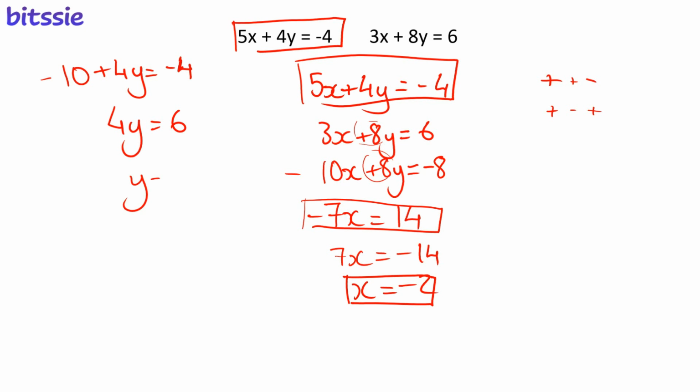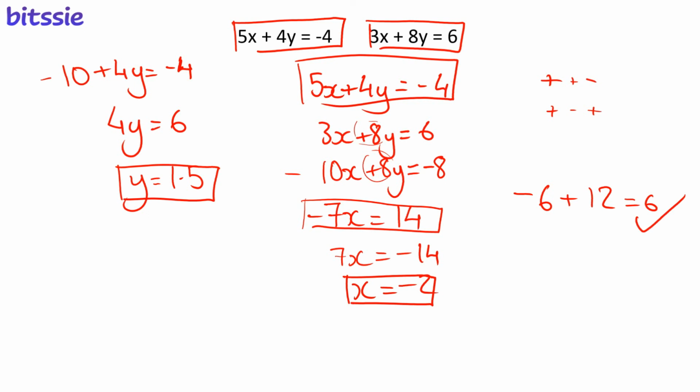Hence y is equal to 6 over 4, or 1.5. And then we can check this in this equation. 3 lots of x is negative 6, plus 8 lots of y, which would be 12, equals 6, and that's true. So x is negative 2 and y is 1.5.